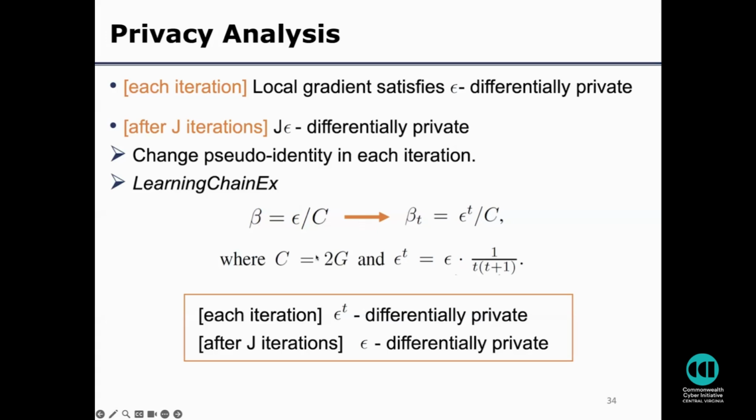The basic idea is to change the original epsilon to epsilon over J. Since in each iteration the protected local gradients satisfy this one, after J iterations each data holder is guaranteed epsilon differential privacy.